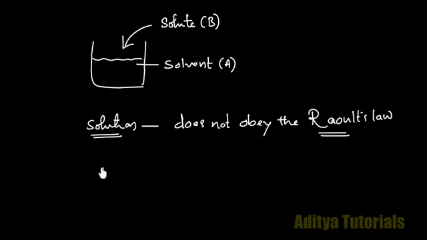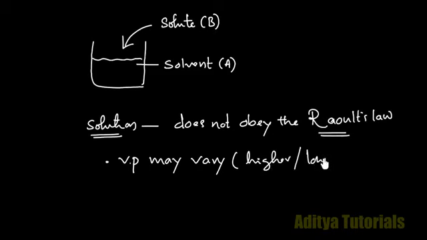Here we have one important term. The vapor pressure may vary; it may be higher or it may be lower than that predicted by Raoult's law.